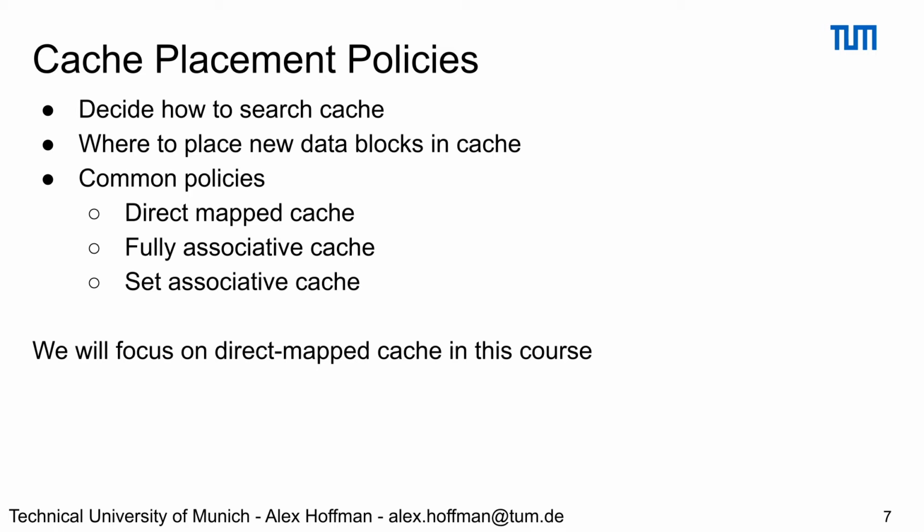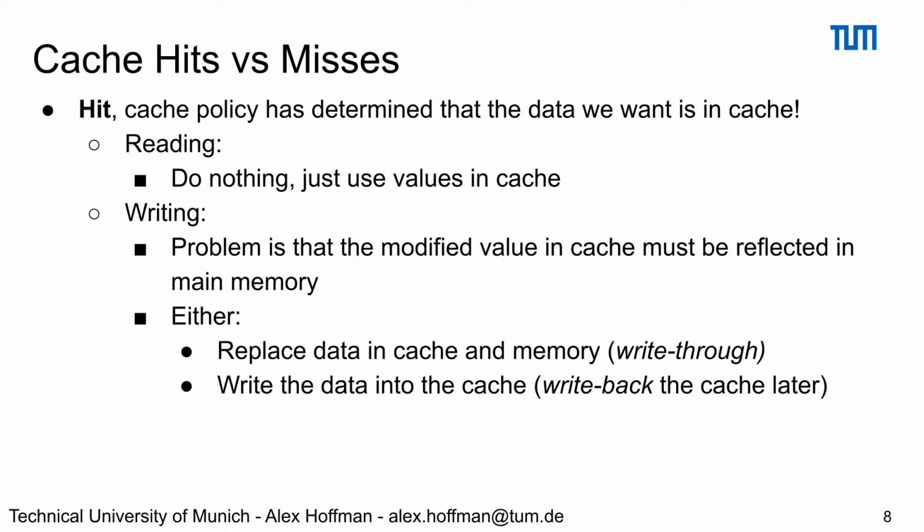There are a few common ones that we'll be looking at: direct map cache, fully associative cache, and set associative cache. We'll really be focusing on direct map cache, because if you understand direct map cache, fully associative and set associative cache are a bit simpler than direct map cache.